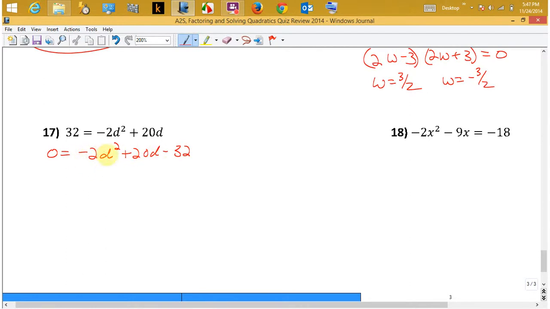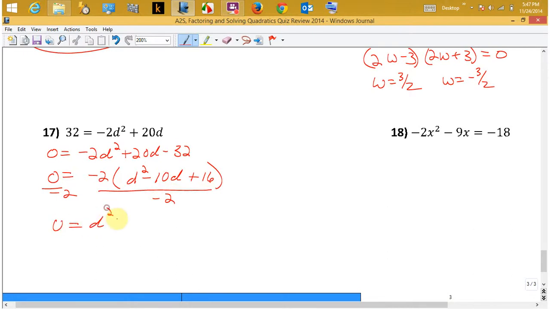I would like what's on my d squared to always be positive, so if I factor a negative 2 out, I'm going to get 0 is equal to a negative 2 times d squared minus 10d, and then this sign would change to plus 16. Now I can get rid of the negative 2 because there's an equal sign. Divide both sides by negative 2. So I get 0 is equal to d squared minus 10d plus 16.